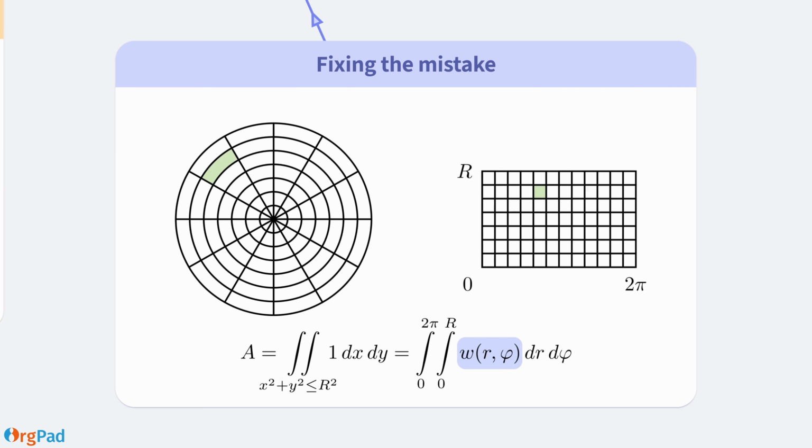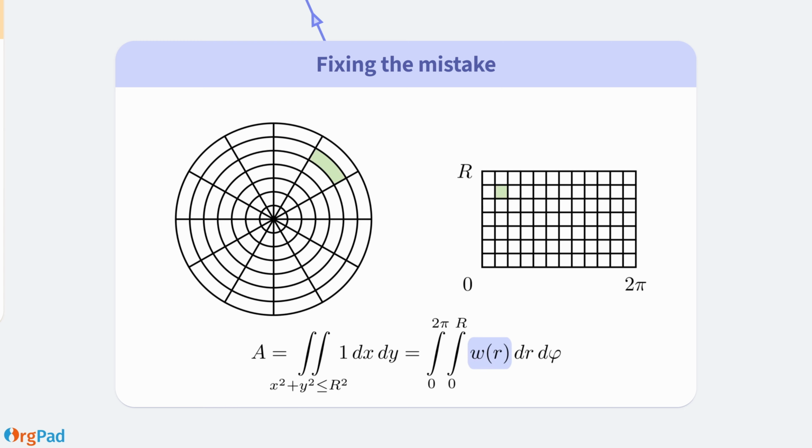Computing the area of each sector precisely would require knowing the formula for the area of the circle we are currently trying to determine. Instead, we just need a good estimate of this weight. Since it is independent of the angle phi, we simplify it to W(r).